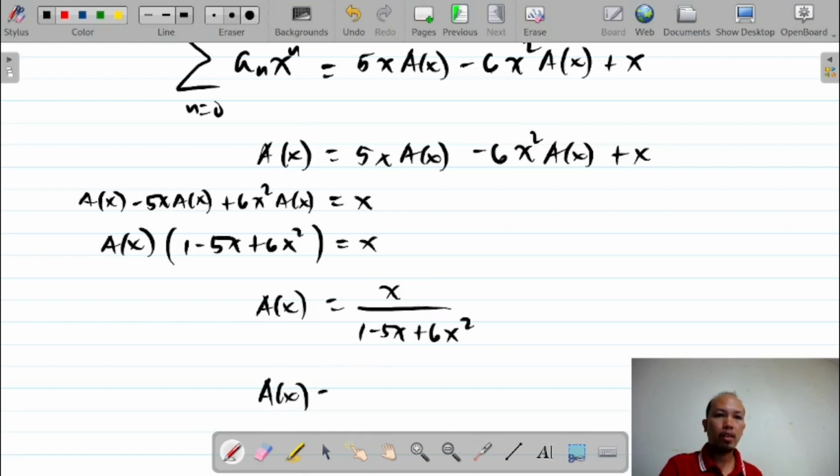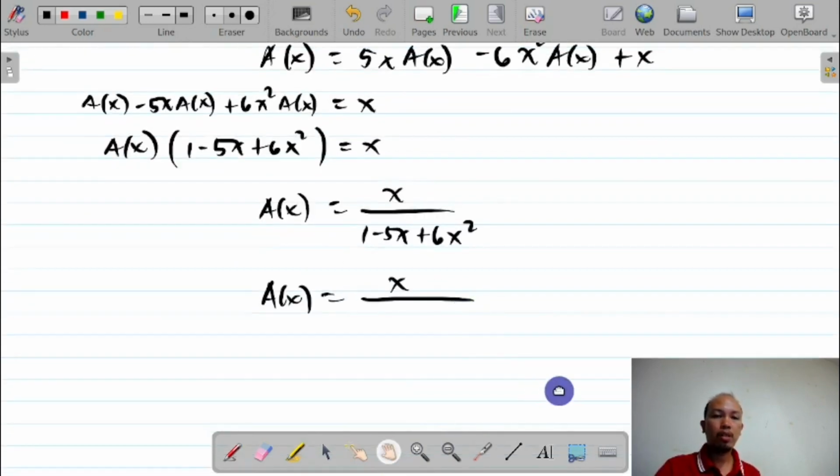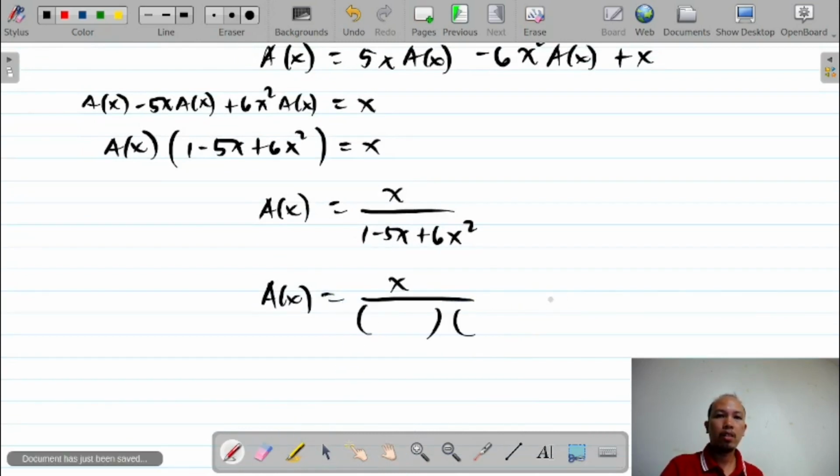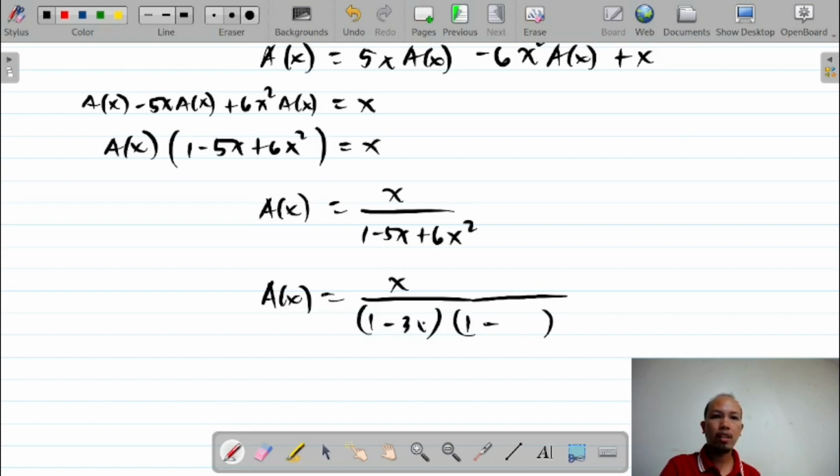A of x is equal to, factoring the denominator, we have 1 minus 3x and 1 minus 2x. So first term 1 times 1, middle term negative 3, negative 2, we have negative 5, and negative 3 times negative 2, we have positive 6x squared.